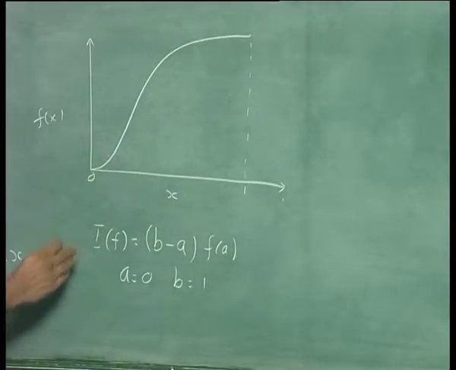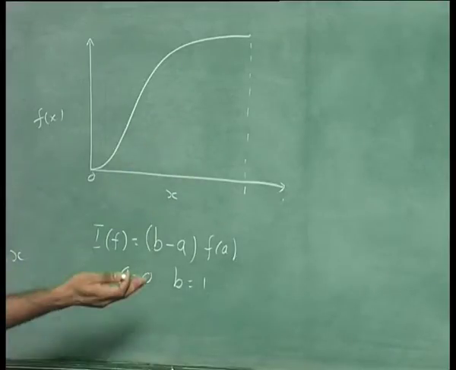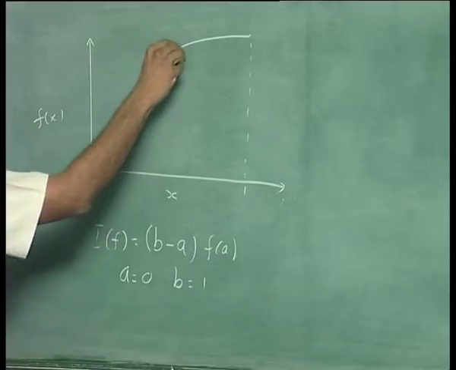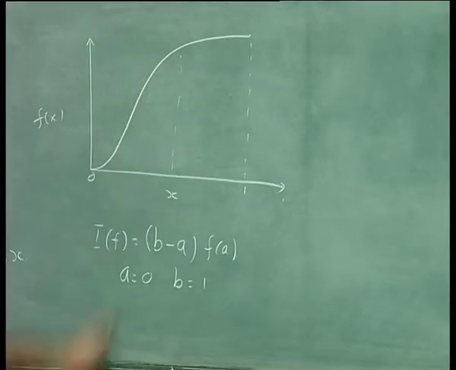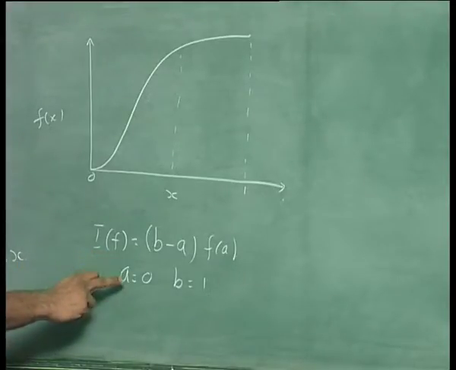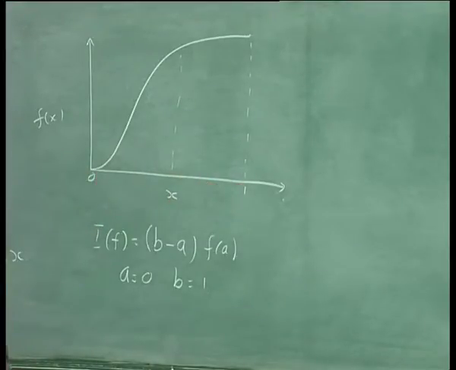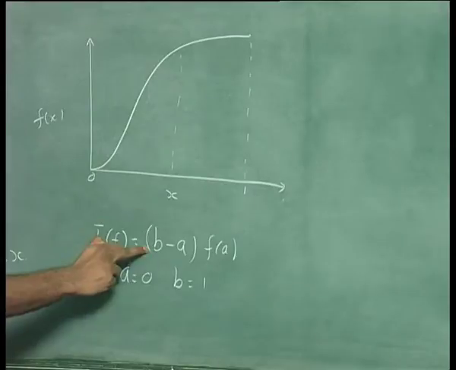So we can split this into two equal intervals, b minus a by 2, and then do this separately. That is, we split this interval a to b into two intervals, and then apply the rectangular rule for each of these intervals.